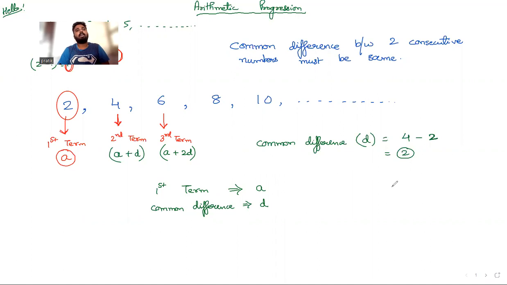Now, if it was the nth term, it would be A plus... So if it is the third term, what is it? Sir, A plus 2D. It is not 3D. Yes or no? Understand this.